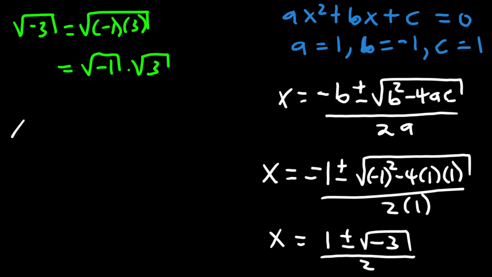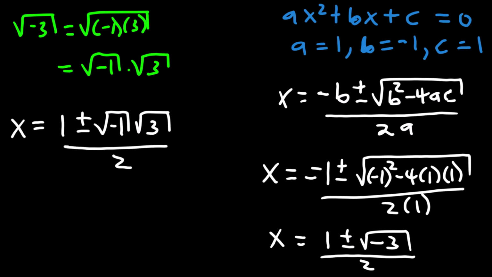Therefore, x will be equal to 1 plus or minus the square root of -1 times the square root of 3 divided by 2. And from complex numbers, we know that the square root of -1 is equal to i. Therefore, x will be equal to 1 plus or minus square root of 3 times i divided by 2.